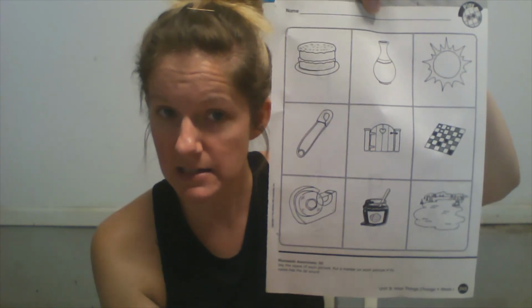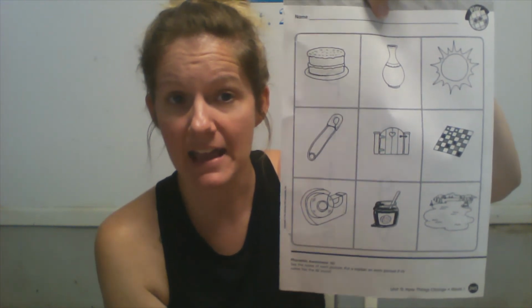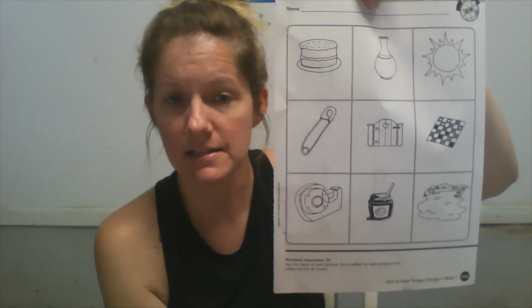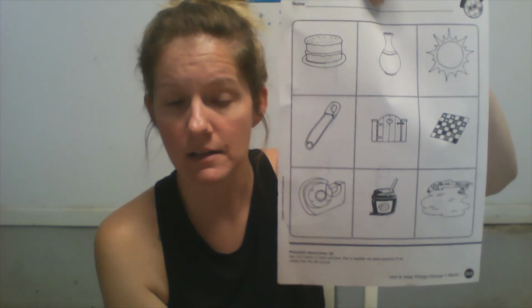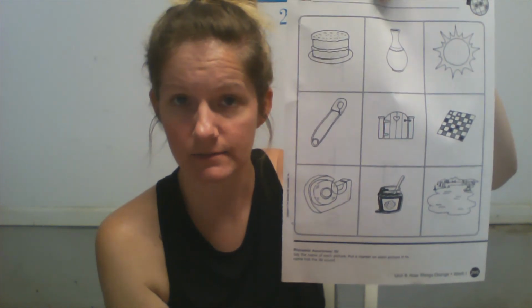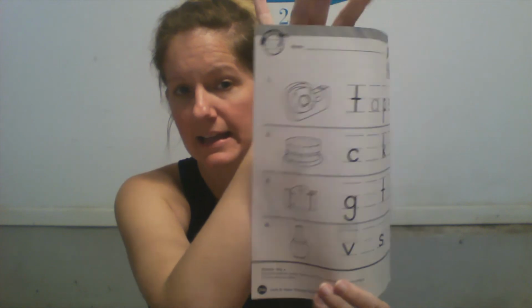I'm going to read these pictures, and then you're going to color them if it has that long A sound. Are you ready? All right, so we have cake, vase, sun. Pen, gate, game. Next line. Tape, jam, lake.